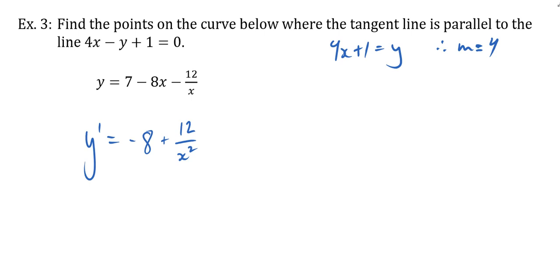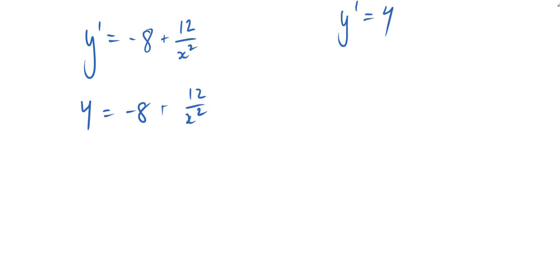Comes up often enough that if you know that one, you save yourself a little bit of work. Okay, so this means I want y prime to equal 4. So I get 4 equals negative 8 plus 12 over x squared. I'm going to bring the negative 8 over, and I get 12 equals 12 over x squared. Multiply both sides by x squared. X squared equals 1. X equals plus or minus 1. Don't forget the plus or minus.